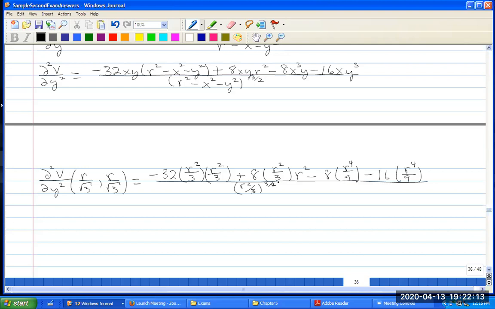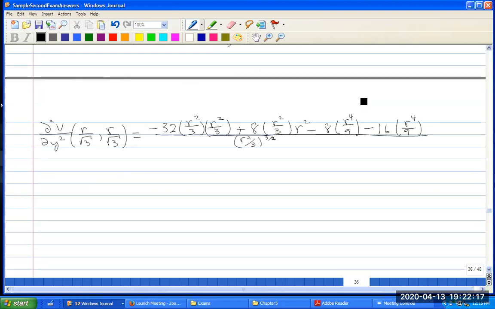Okay, so lastly, let's evaluate this. r over rad 3, r over rad 3. Factor out r to the fourth over 9.